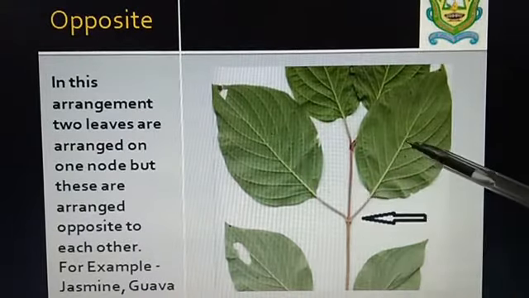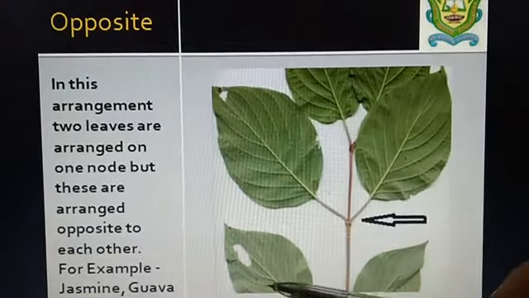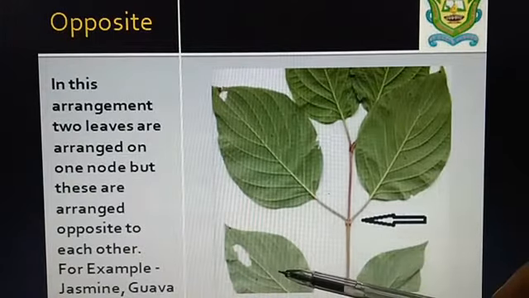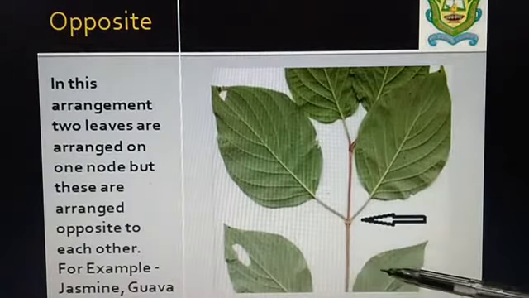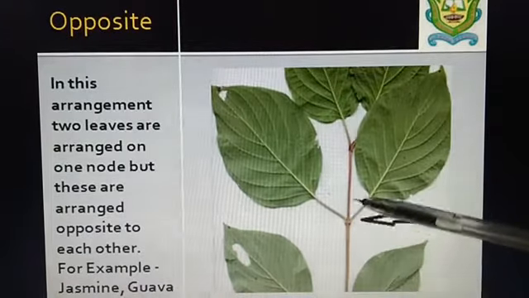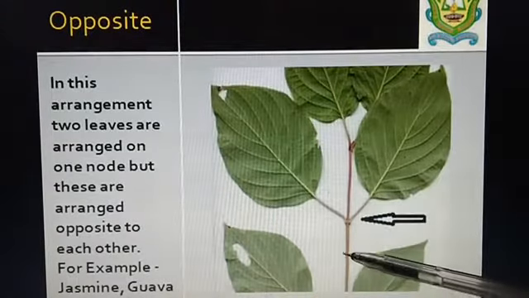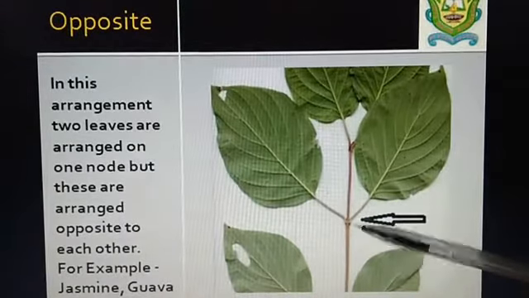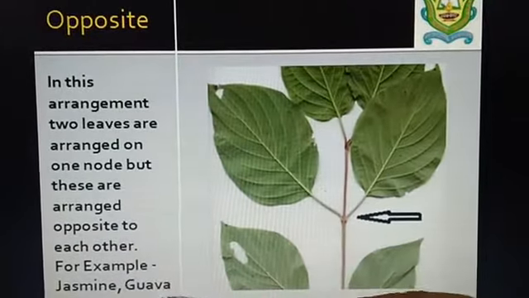Then next two leaves, they both are opposite to each other, connected on one node. Then the last one, you can see these two leaves, they are also opposite to each other, but they are connected on the same node. This type of arrangement is known as opposite arrangement. For example, jasmine and guava.